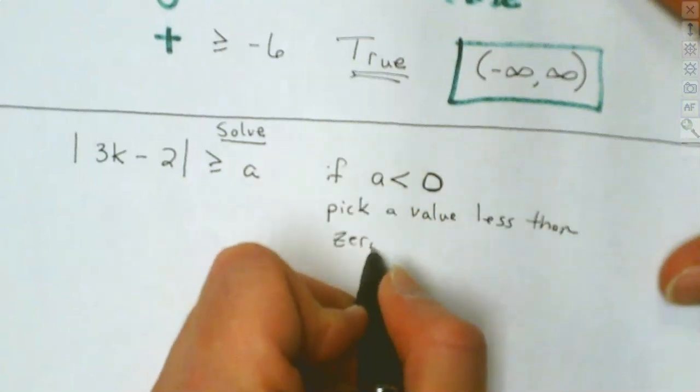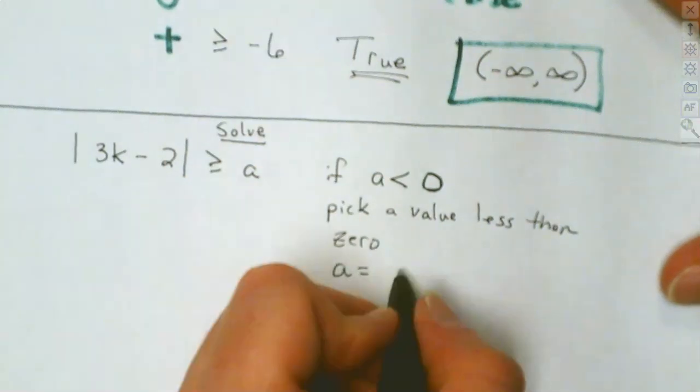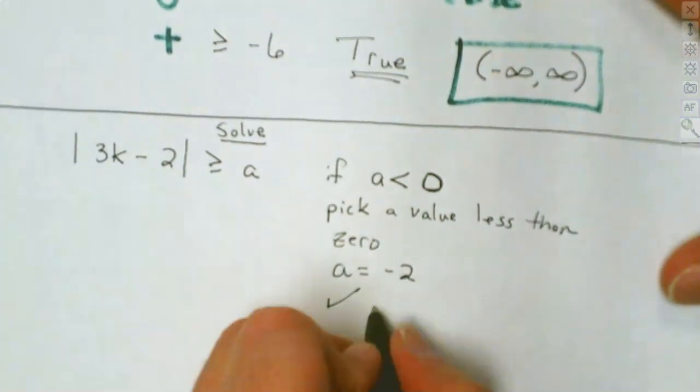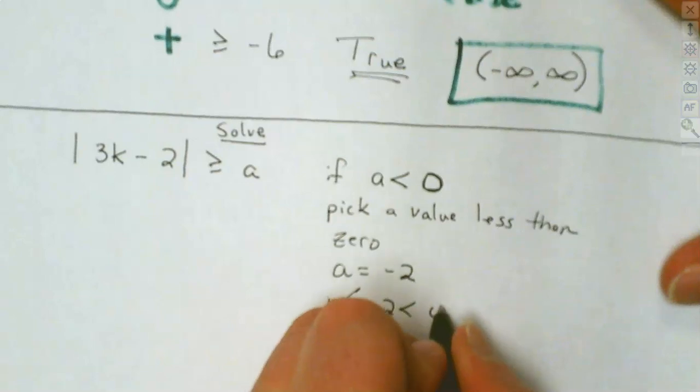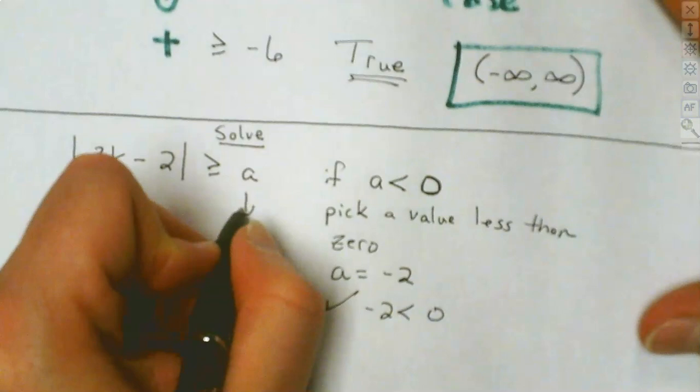So how about we use a is negative 2? And we can check, because is negative 2 less than 0? Yes. Now we can see what we've got.